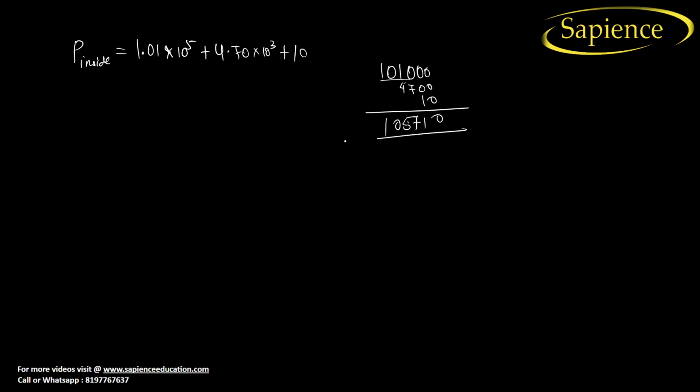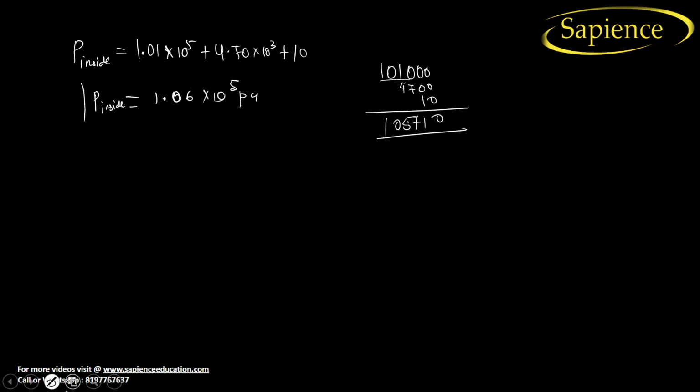But we require only 3 significant figures, so we can round off. If we round off, we will get 1.06 into 10 to the power 5 Pascal. So this is the pressure inside the bubble.